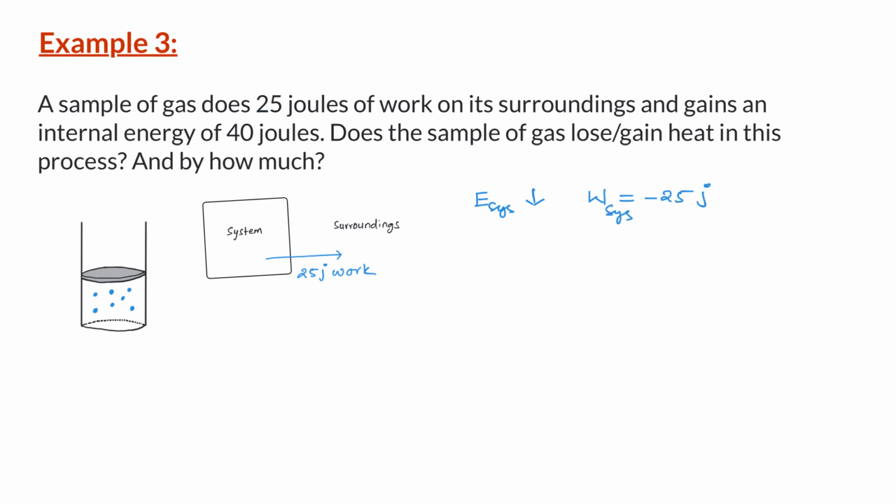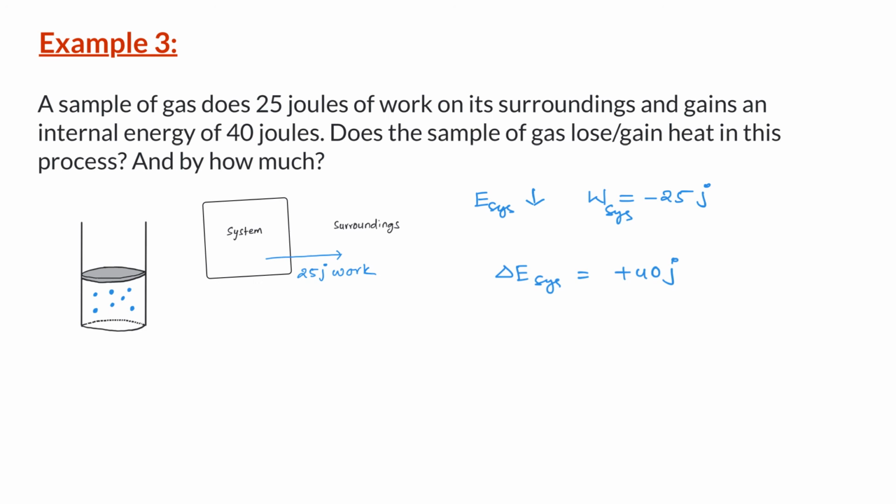During this process, the internal energy of the gas is increased by 40 joules. That is, delta E is equal to plus 40 joules. And we need to find if heat is lost or gained during this process and by how much.